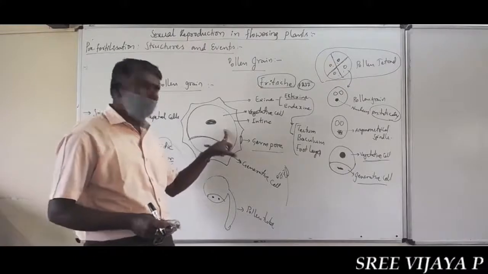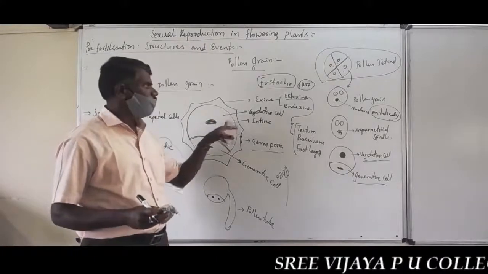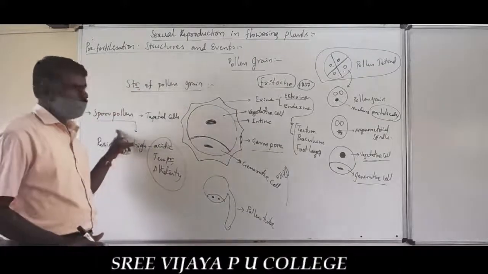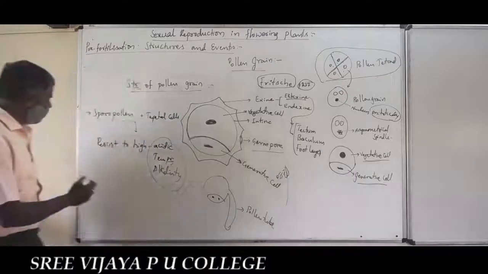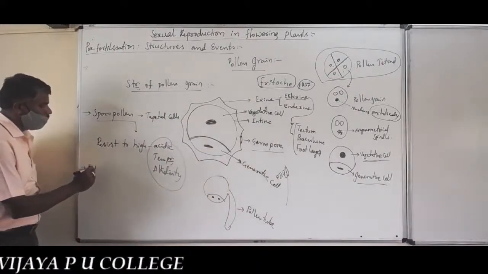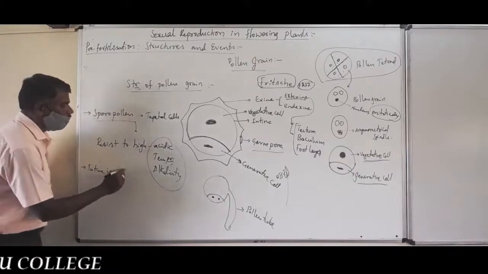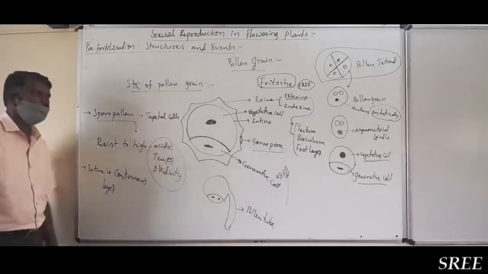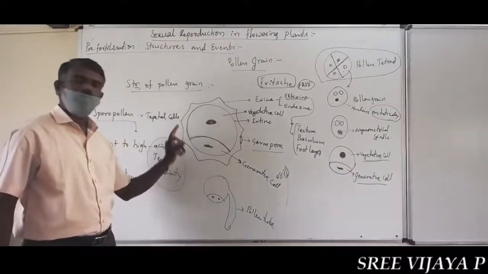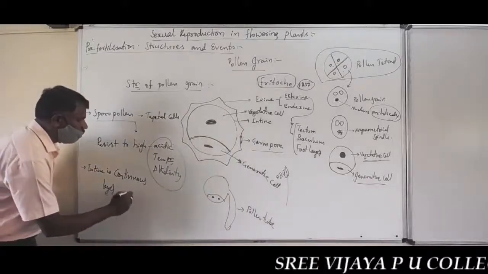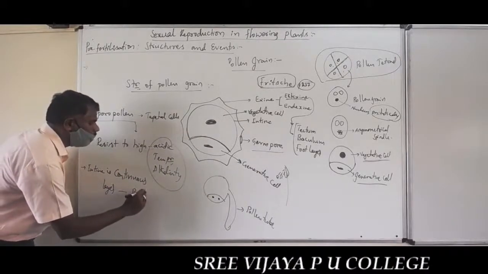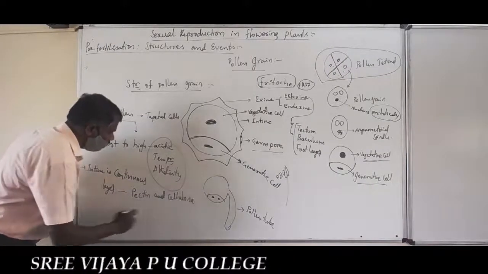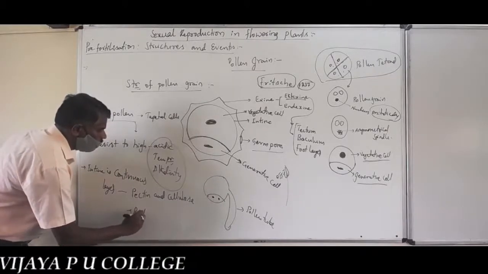There are two wall layers, the exine and the intine. The exine is made up of sporopollenin and is a discontinuous layer. The intine is a continuous layer, made up of pectin and cellulose, so it is commonly called pectocellulosic material.